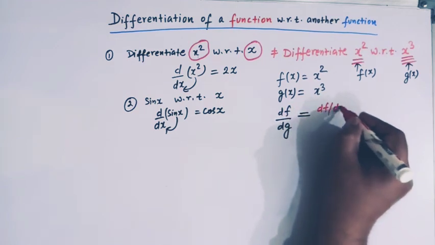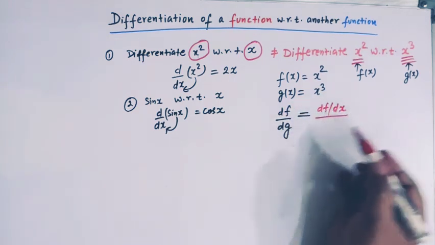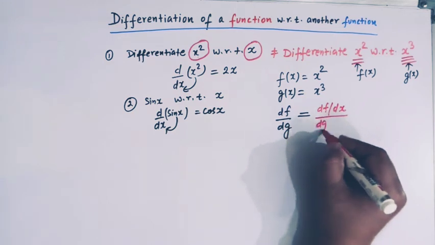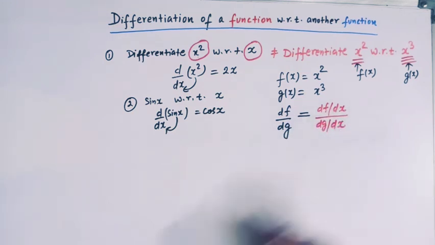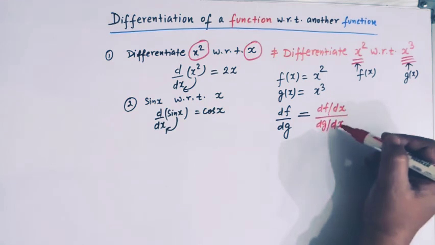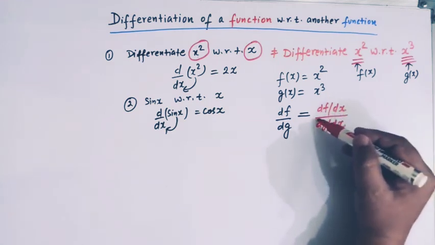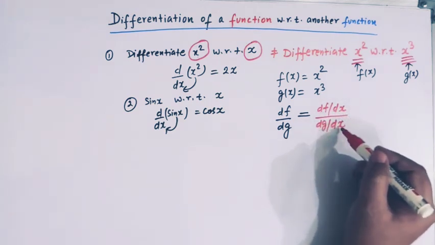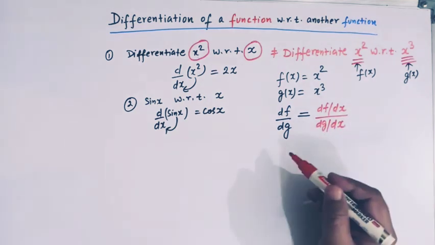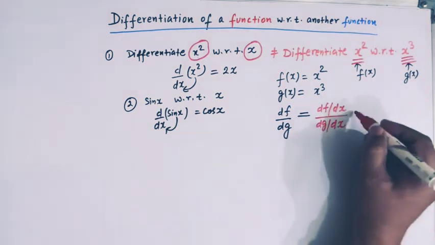So first we will find df over dx, and then we'll find dg over dx. And if we divide df over dx by dg over dx, then we'll get the required result, right?